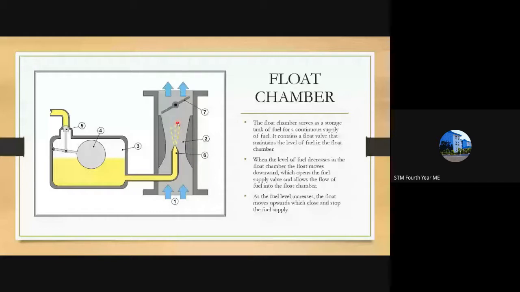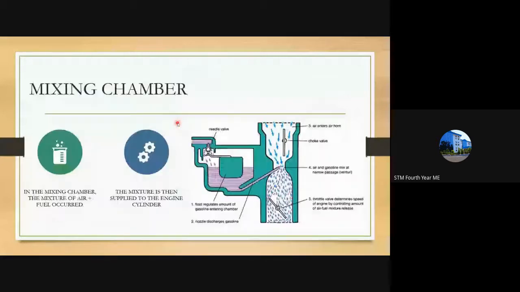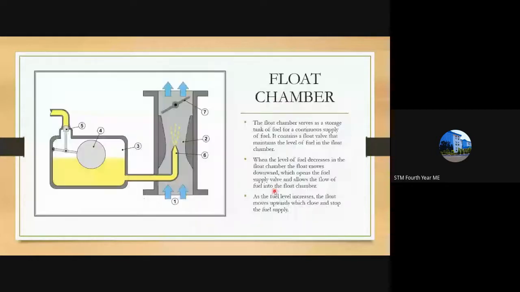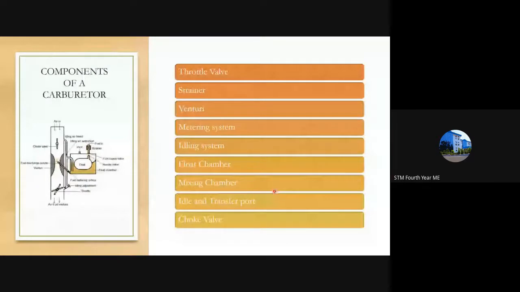Then the next component is the mixing chamber. So the mixing chamber is this part of the carburetor. When you look at the schematic diagram, the place where the fuel and air mix with each other and form the mixture is known as charge.